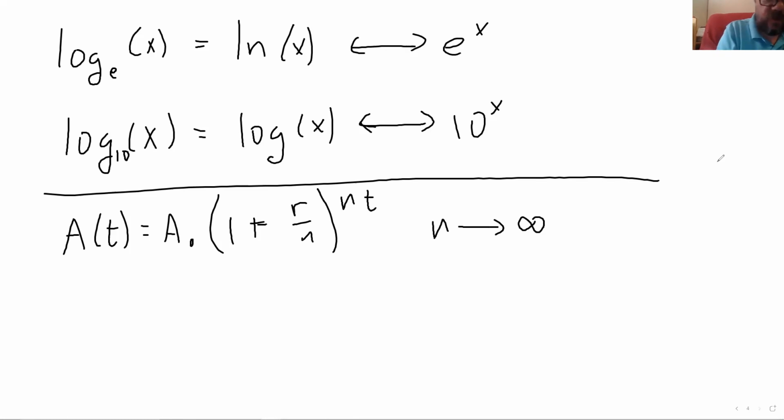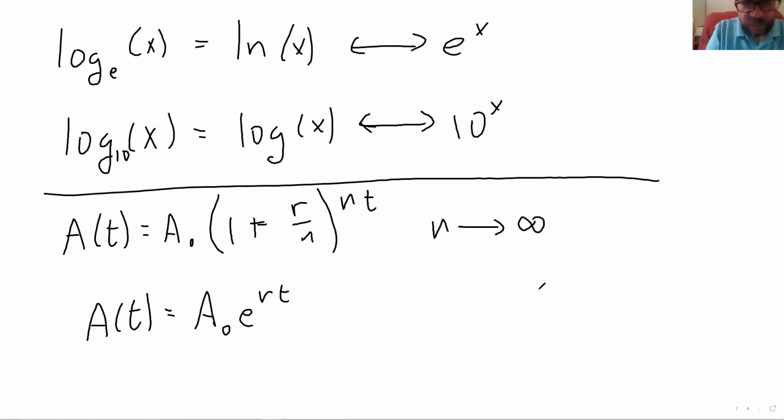If you let n go to infinity, you get A of t equals A0 e to the rt. Because this (1 plus r over n) to the n turns into e, essentially. The 1 plus 1 over n at the end turns into the e, and the r and the t end up in the exponent. I'll just leave it at that. I can derive that for you if you want. It's actually kind of interesting to do, but not super relevant to what you're doing.